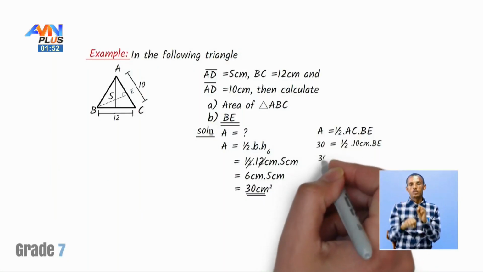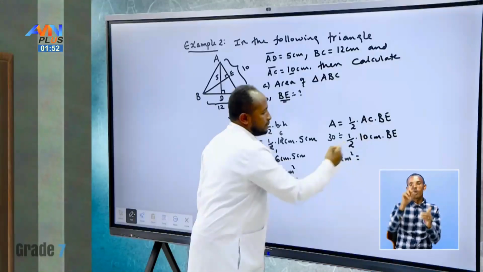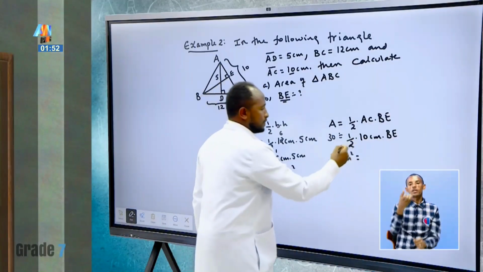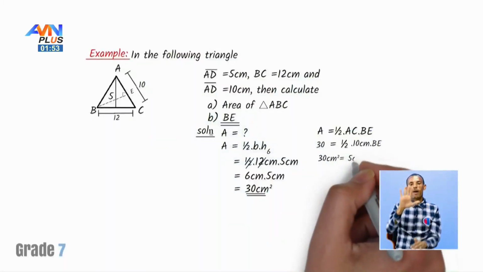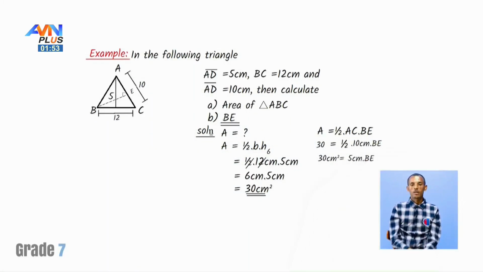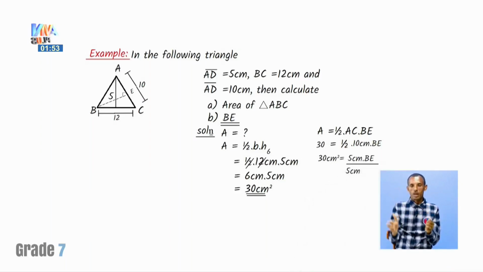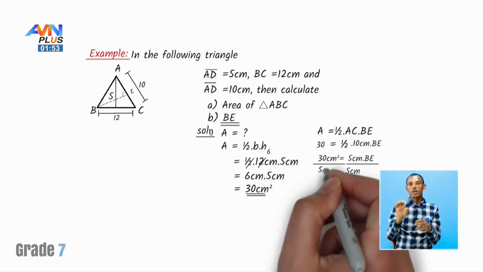So 30 centimeters square is equal to, just divide this 10 by 2, it is 5, 5 centimeter times BE. To calculate BE, divide both sides by 5 centimeter. This cancels out.